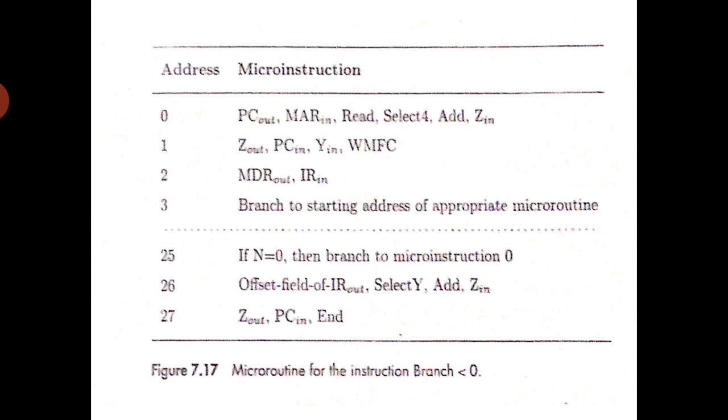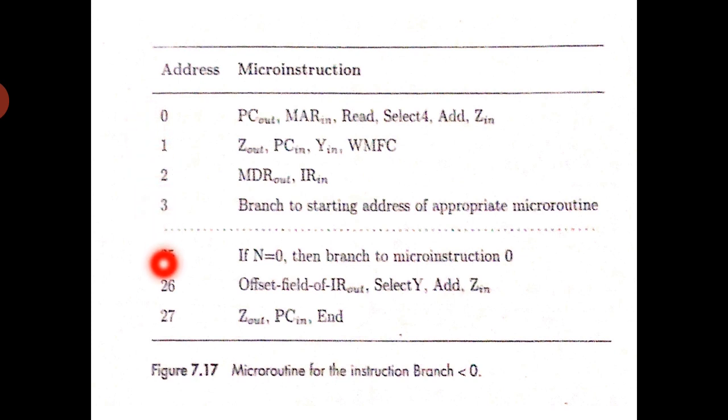The micro instruction at location 25 tests the n bit of the condition code. If this bit is equal to 0, a branch takes place to location 0 to fetch a new machine instruction.